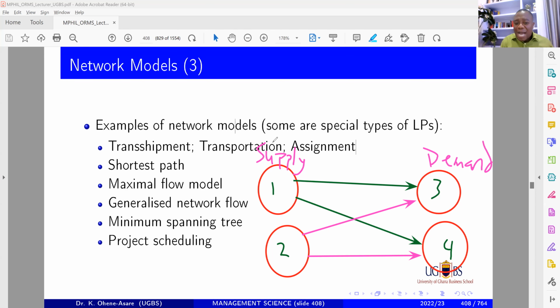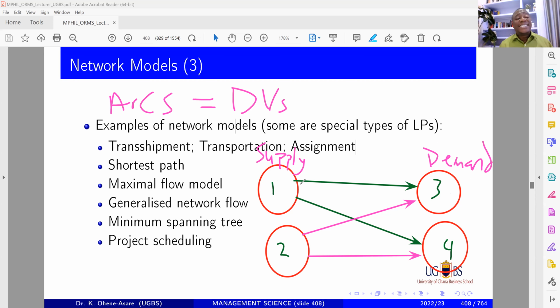And so if you are sending some items from supply to demand, then the arc here will represent the decision variables. So note this down: the arcs represent the decision variables.